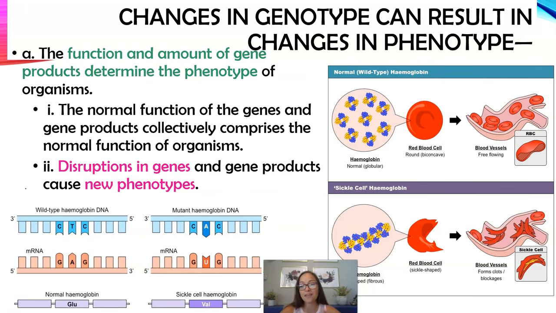And when we look at a famous, popular example, I don't really know what the right word is, it's sickle cell anemia. So we have a protein called hemoglobin that's responsible for transporting oxygen in our red blood cells. Hemoglobin is a protein, and it has this round shape that you see up here.